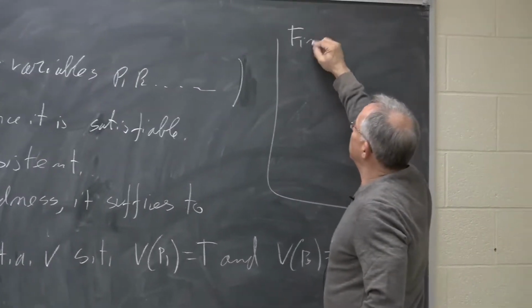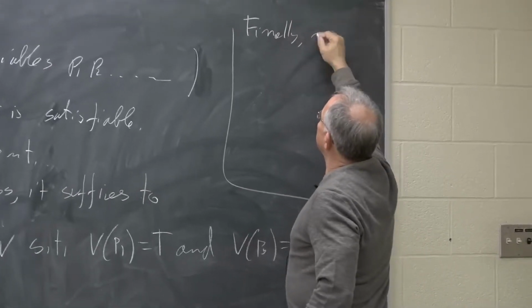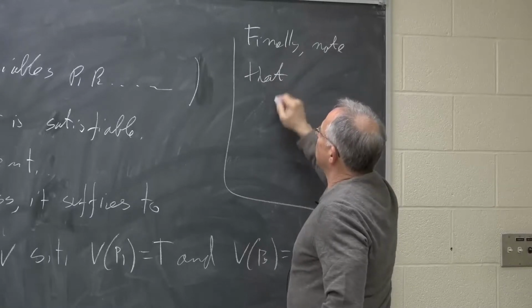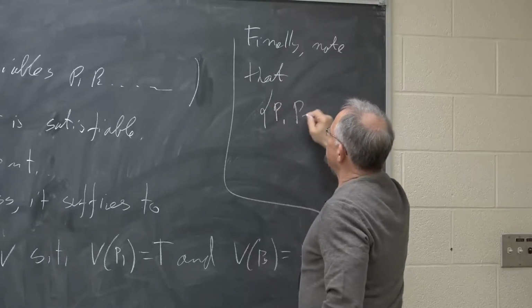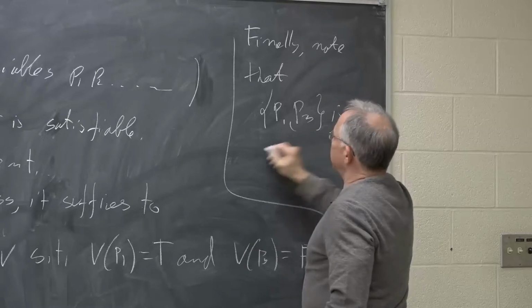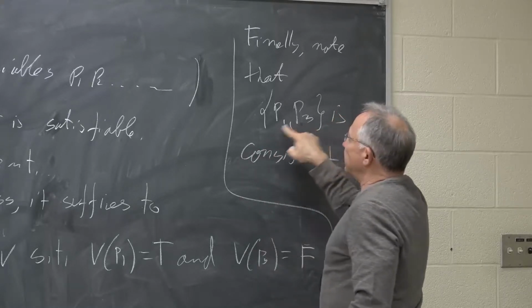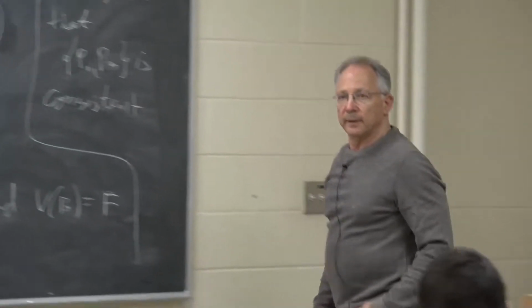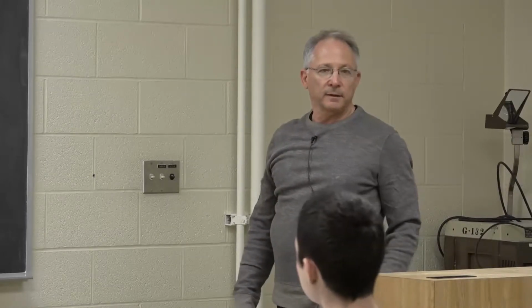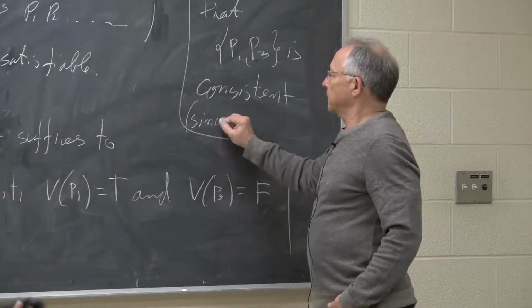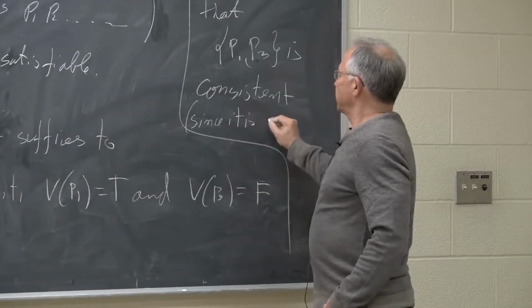Finally, note that the set P1, P3 is consistent. So I added something that was not provable and didn't violate consistency. Why is it consistent? Since it is satisfiable.